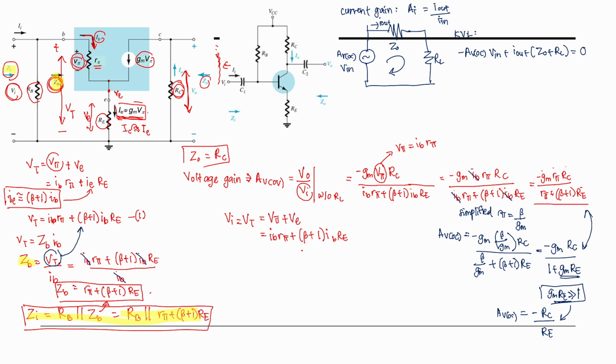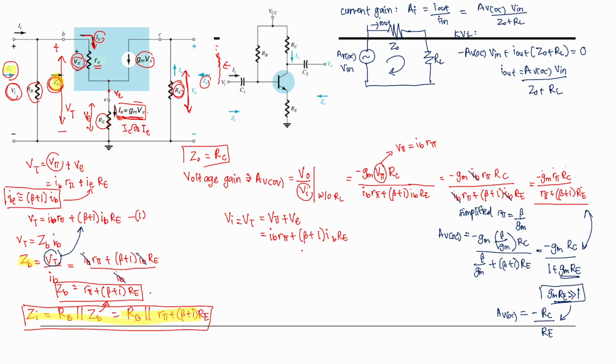So if you want to find the I out, it will be AVOC V in over Z out plus RL. But this is not finished yet.